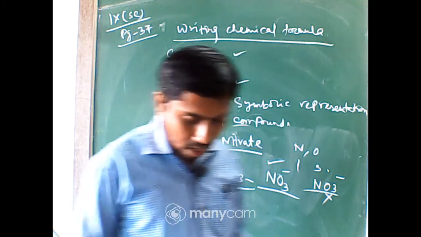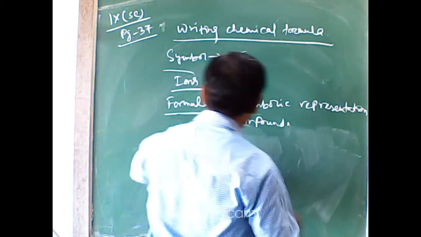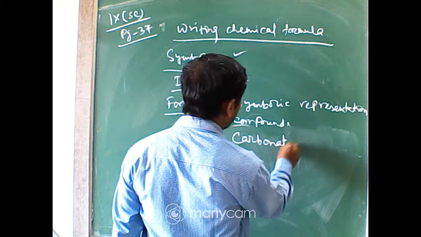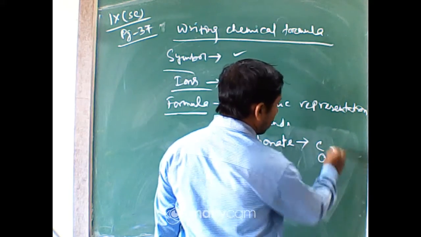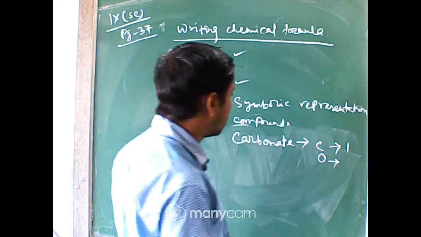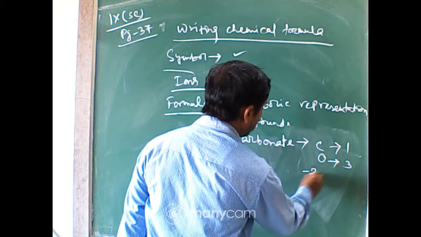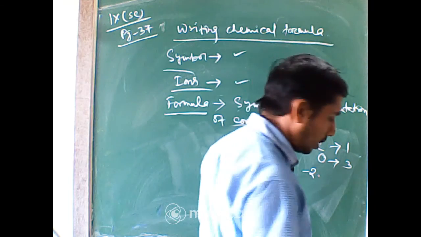Now, suppose bicarbonate. Carbonate, first carbonate. Here the compositions are carbon and oxygen. Carbon is 1 and oxygen is 3, and the charge is 2-, because as it is an anion, its charge is negative here.